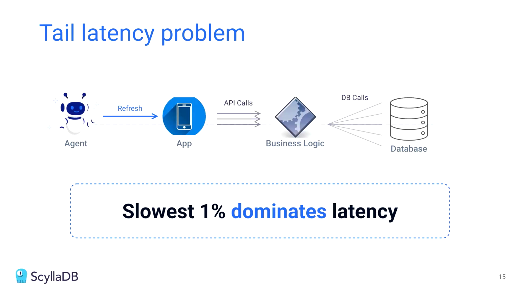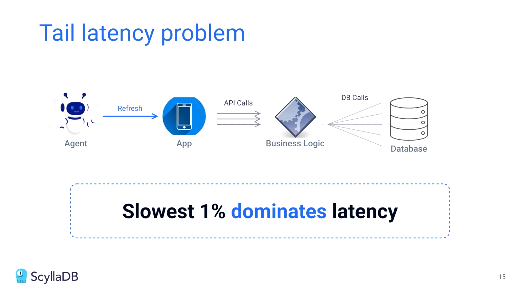Maybe I'll take a step back and talk about what latency means. Latency is how much time it takes to get an answer for a query. So if I'm sending a request to my database and it takes 1 second to get an answer, then the latency for that query is 1 second. If I send 100 requests to my database and on average the latency is 2 seconds, then that would be the average latency.